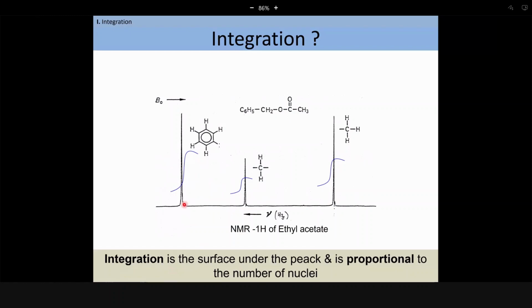This calculation, the surface calculation, is called integration.